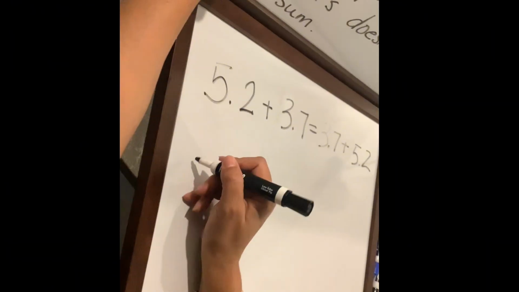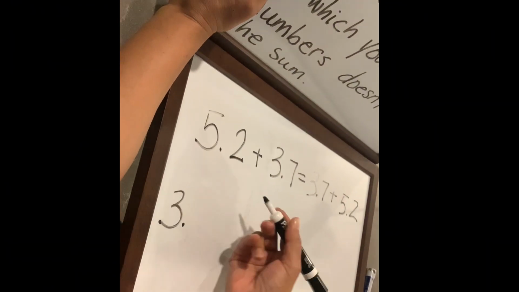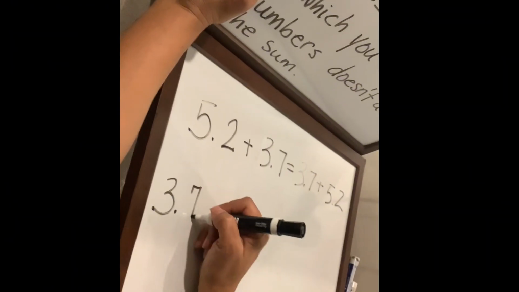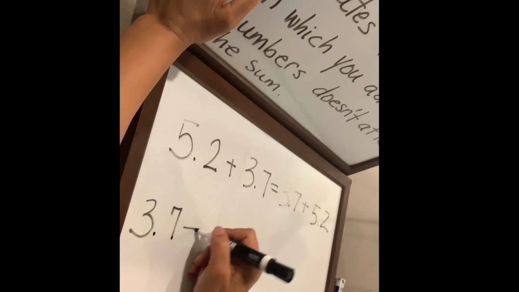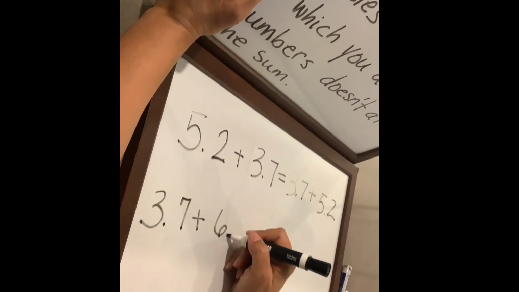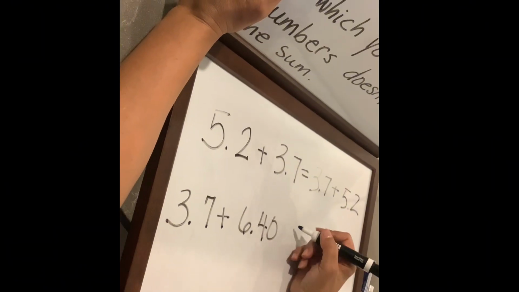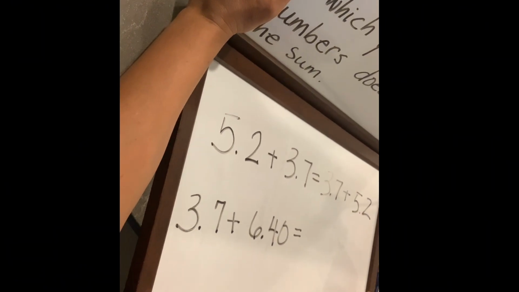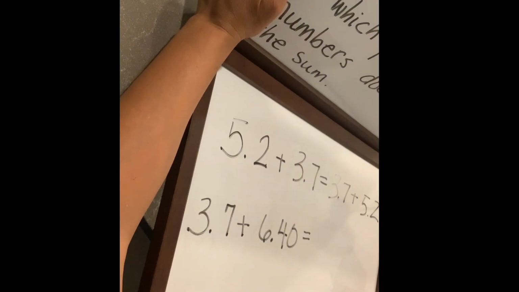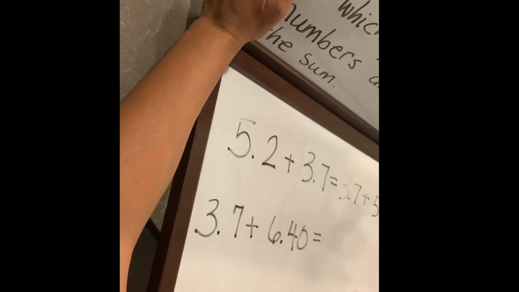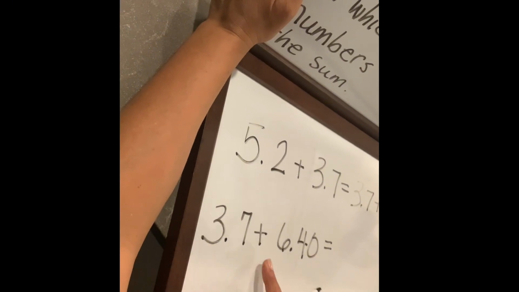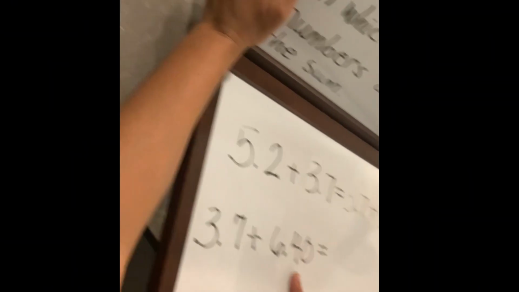What about this one? 3 7/10 plus 6 40/100. What is that equal to? 3 7/10 plus 6 40/100.